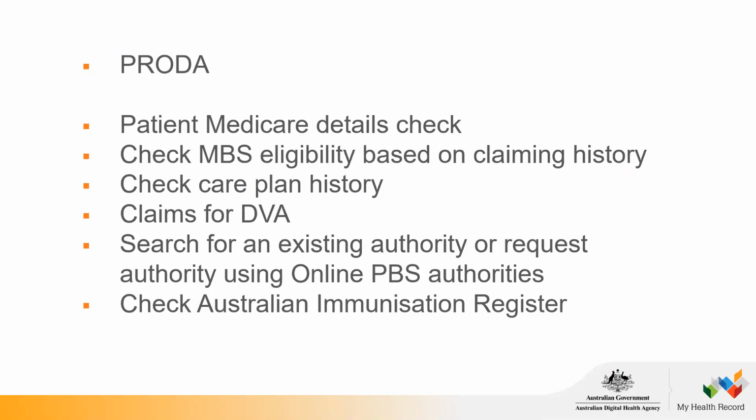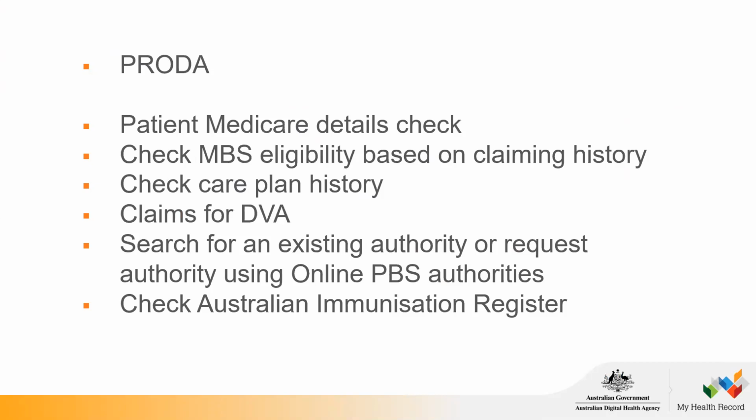So there might be lots of reasons that you will have used HPOS, or you are using HPOS. Some of those are listed there on those slides. If you need to check a patient's Medicare details, you can do it through HPOS. If you need to check claiming eligibility for MBS item numbers based on previous claim history, you can have a look at that there. You can check care plan history.